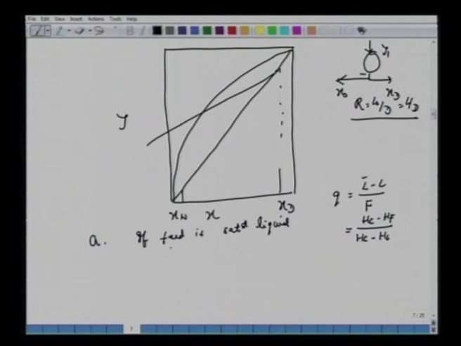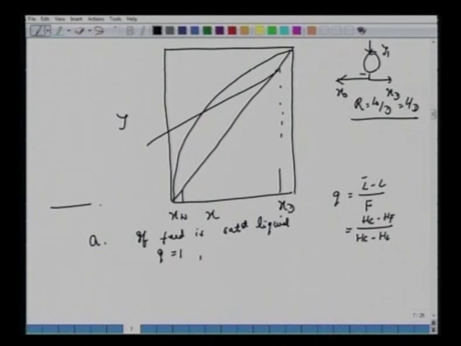So if the feed is saturated liquid, it's all at the bubble point, and q is 1. So we are talking of q as 1 because now we have entire liquid.